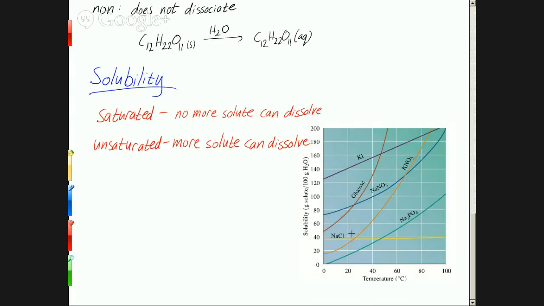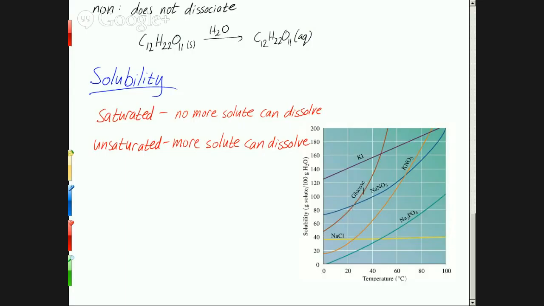See that? As we increase the temperature, that line goes up a little bit. By the time we get to boiling water, we can dissolve just about 40 grams, so not much more. But you can see some of these solutes change drastically. Glucose, a type of sugar, at room temperature, it looks like you can dissolve just over 80 grams of glucose in 100 grams of water.